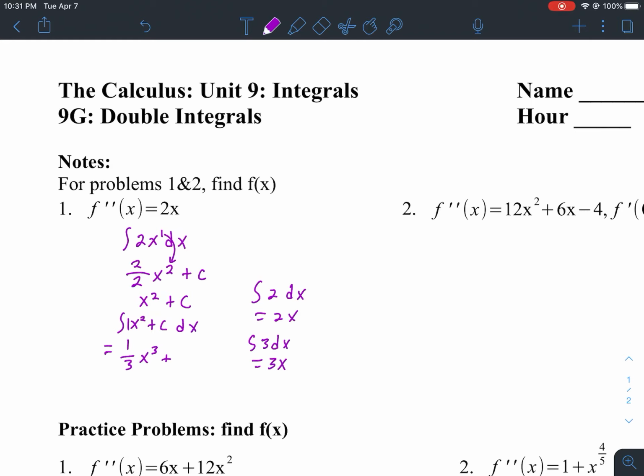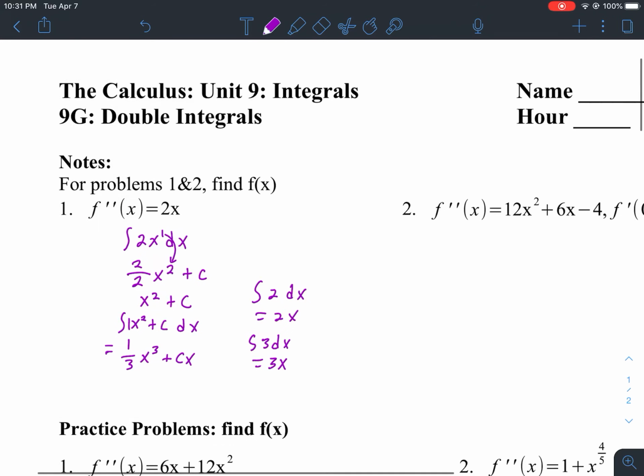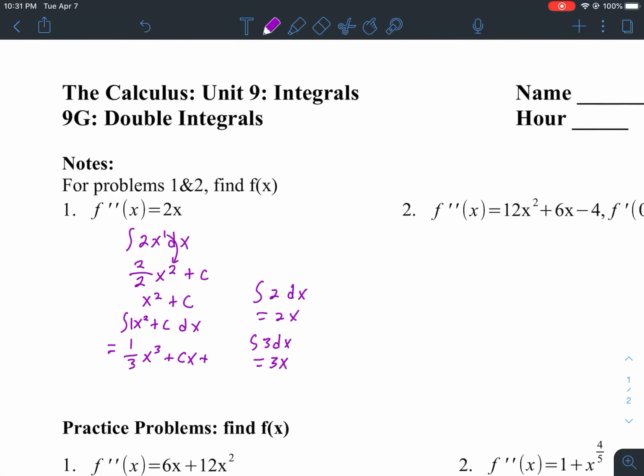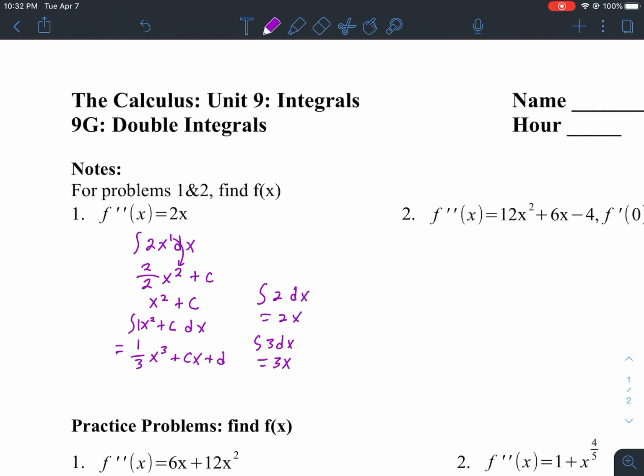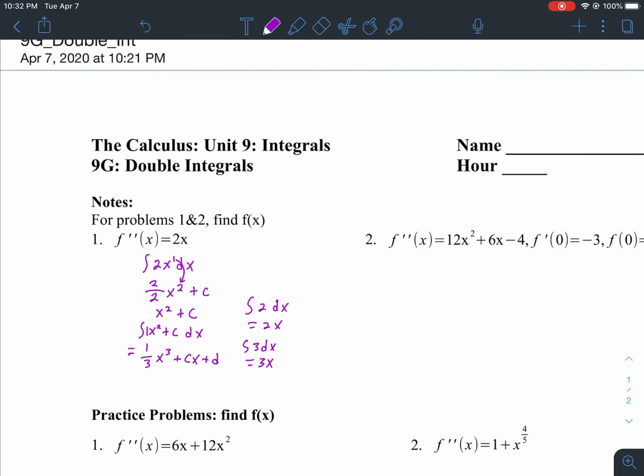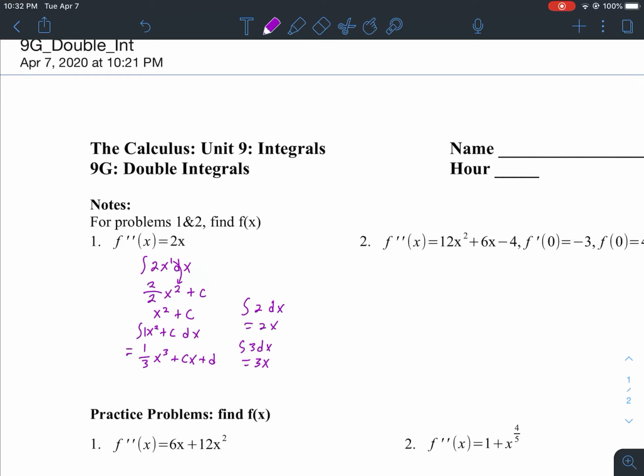So the antiderivative of some number c with respect to x is cx. Now we have to toss on a c for good measure. But we've already used the letter c, so let's just switch letters to d for good measure. And we've done it. Okay, that one was kind of fun. Let's check out the next one.